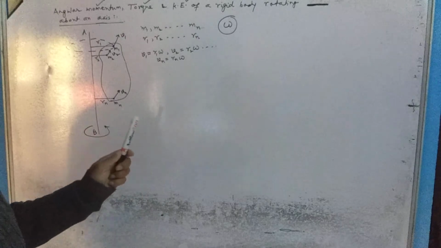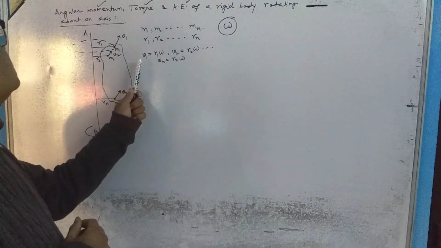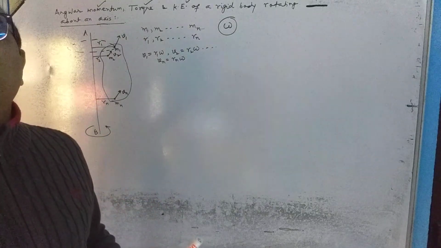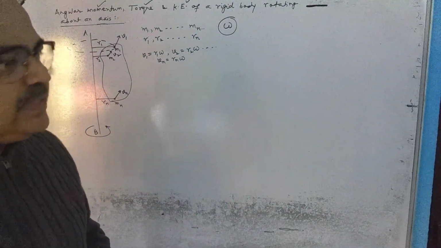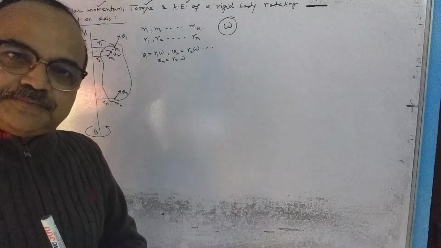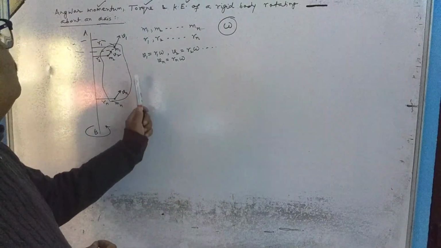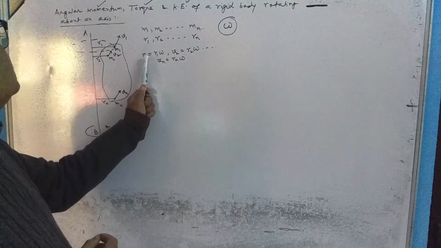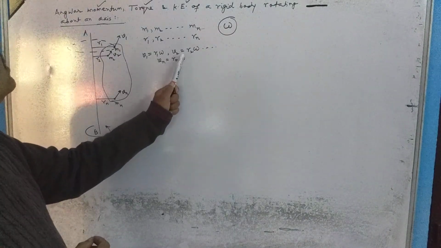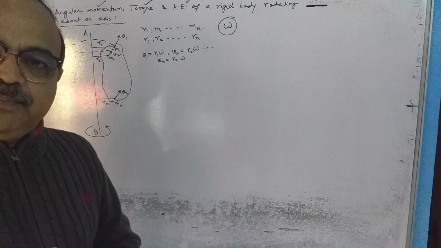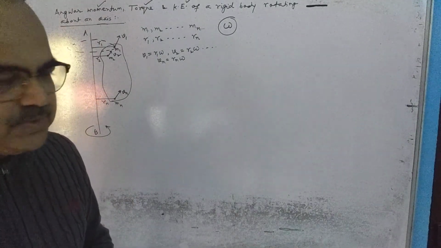That is why linear velocity will be different, because v1 is equal to r1 into omega, r2 into omega, and so on. r1, r2 are different. Very clear? So what we are getting? v1 is equal to r1 into omega, v2 is equal to r2 into omega and so on. Okay? We are considering these points.